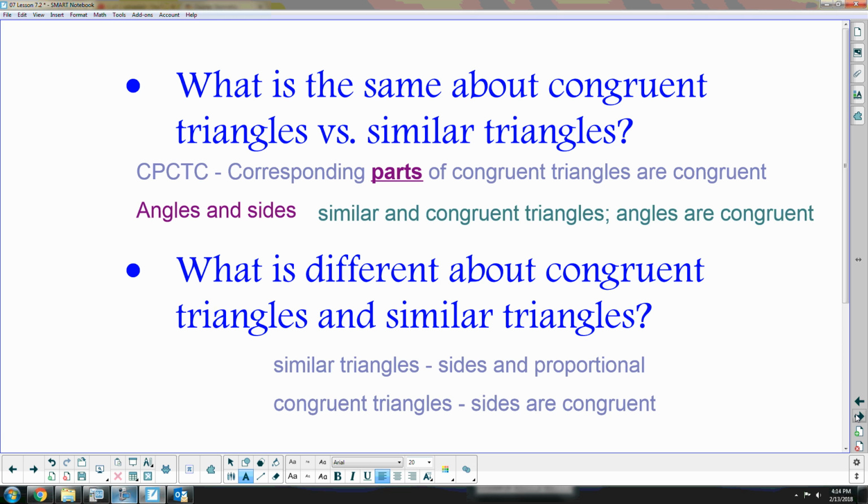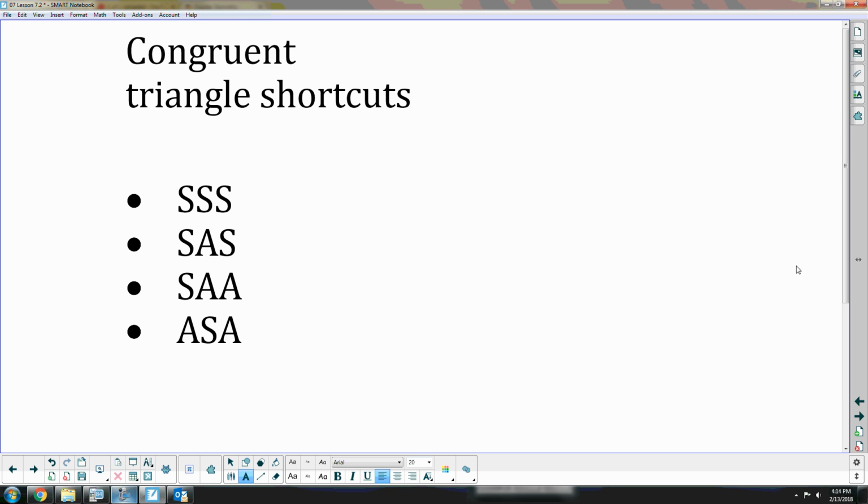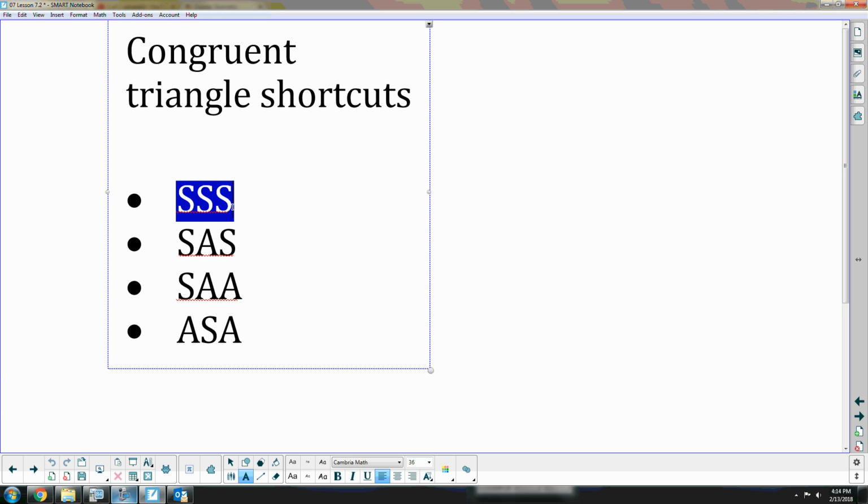Right, so let's think about congruent shortcuts. And we can use these congruent shortcuts to look at similarity with triangles. So if you remember back from Chapter 4, our congruent shortcuts are, if we have three corresponding sides congruent to three corresponding sides, the triangles are congruent.